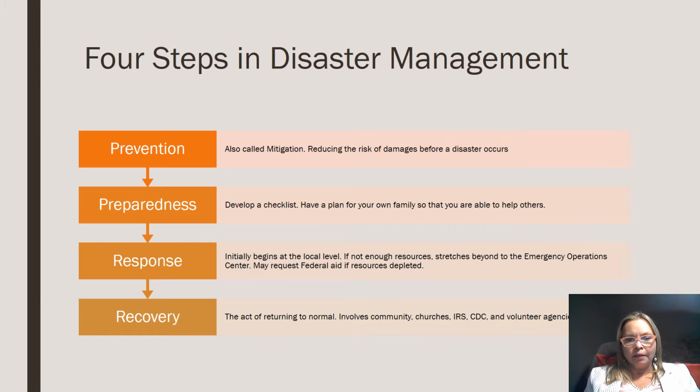Initially, it begins at the local level. It begins with you, your family, your neighborhood, and locally. If there are not enough resources, if it's stretching beyond what you can do in your community, they may need to call in state resources or even go into federal resources if all of our resources are depleted.